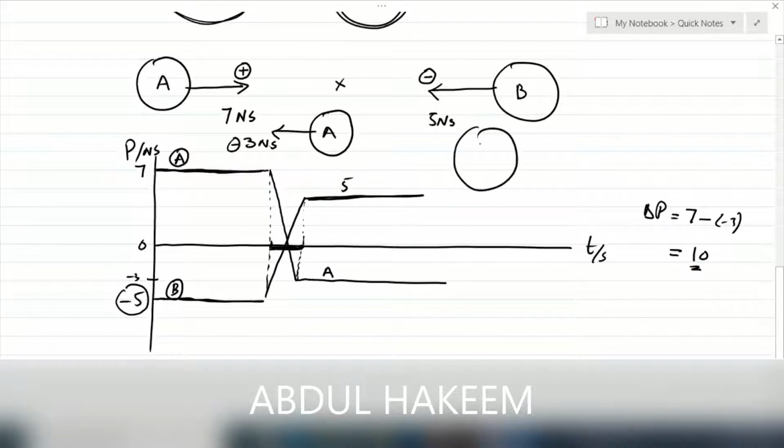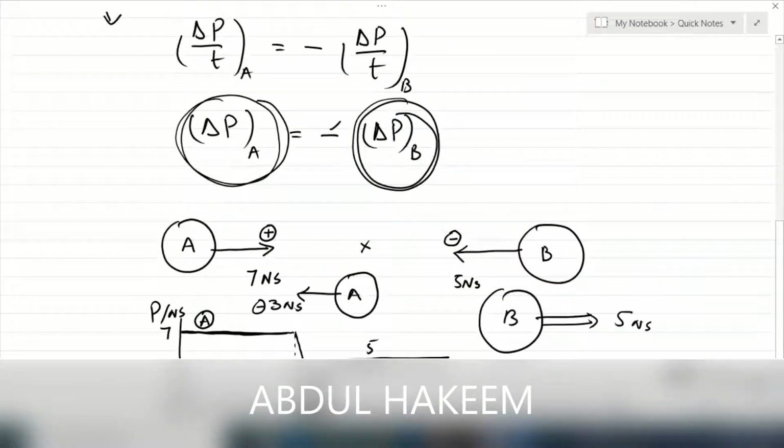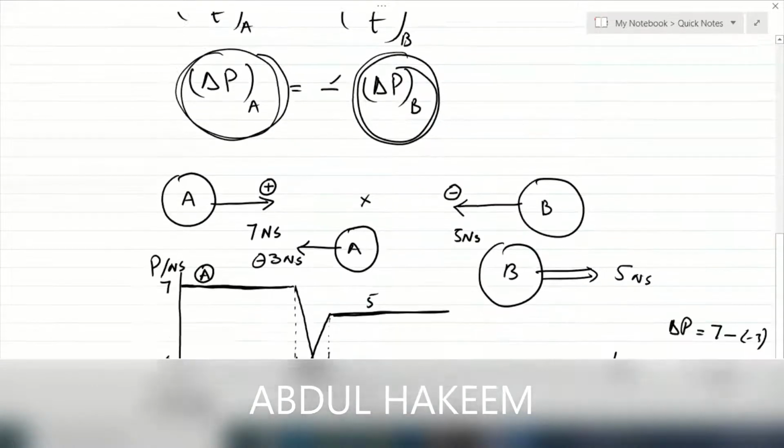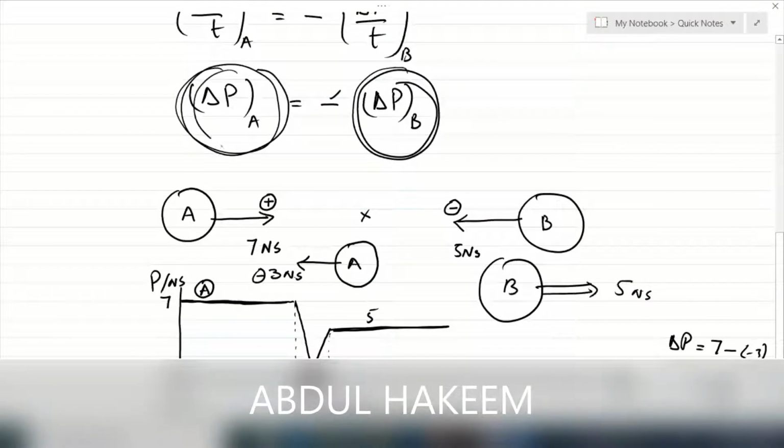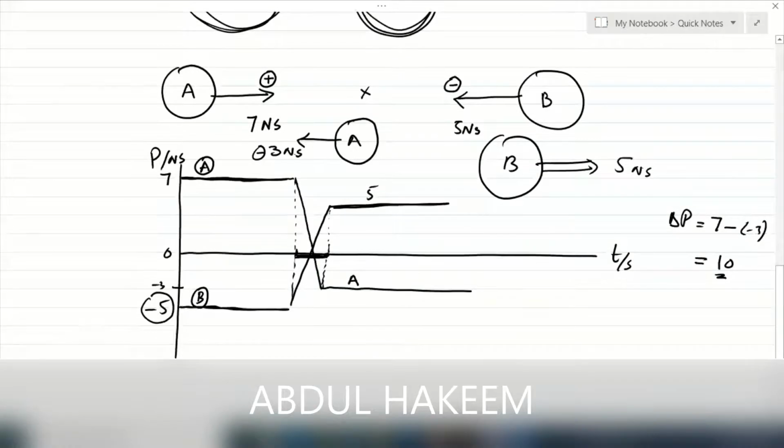So this object B is going back with 5 Newton second, because according to Newton's third law, change of momentum of A is equal to change of momentum of B in magnitude. So the 10 for A, so the 10 for B. So this is the graph for the change of momentum for both A and B.